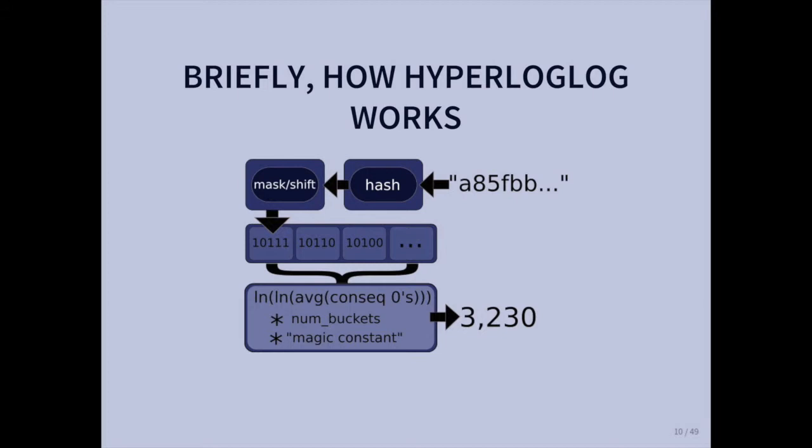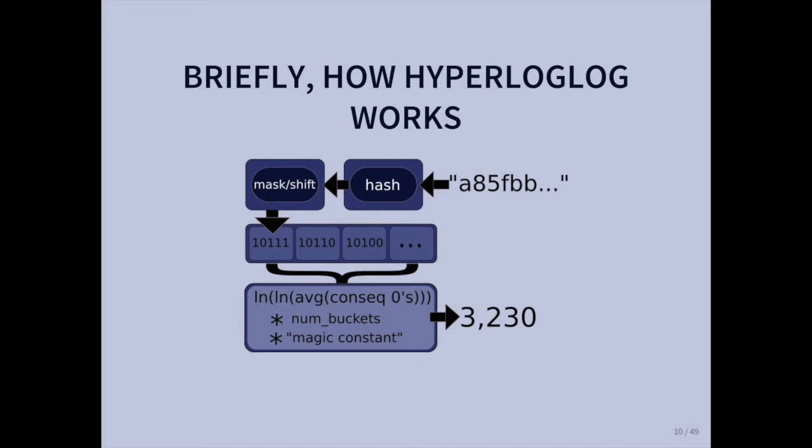You have these different buckets, all of this is definable, but you usually have thousands of buckets, and this is the state you're storing in Postgres. The prefix of the hash tells you which bucket to put the rest of it in, and you do a mask to do that, and then you shift your bits into that bucket. That's pretty much all you do for a write.